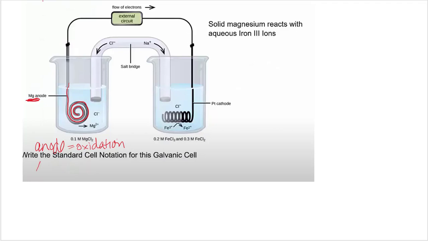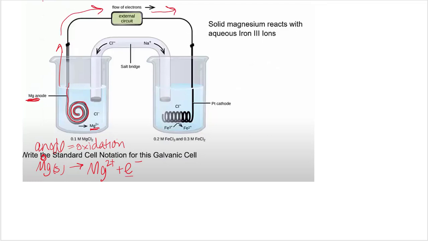We know that I'm starting with that solid magnesium, 0 oxidation state, and it is going to solution, Mg2+. And electrons, we know that this is going to flow. The flow of electrons is going this way.